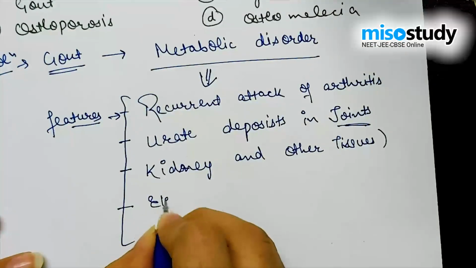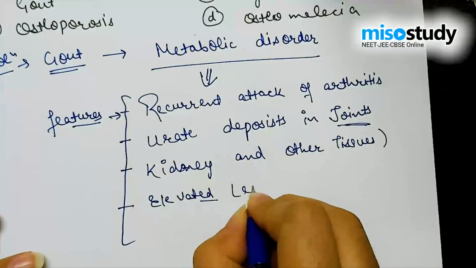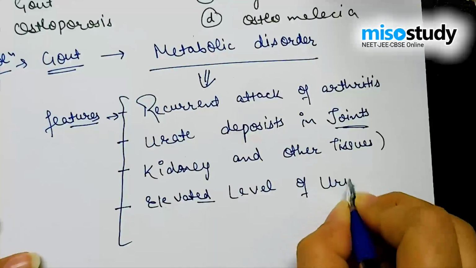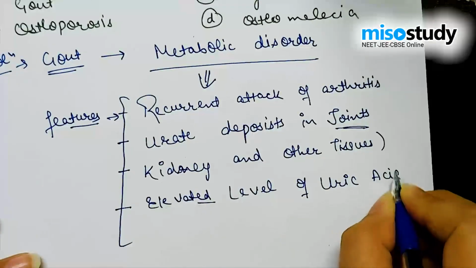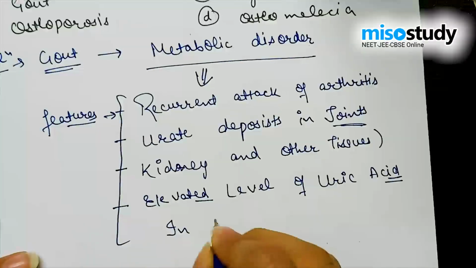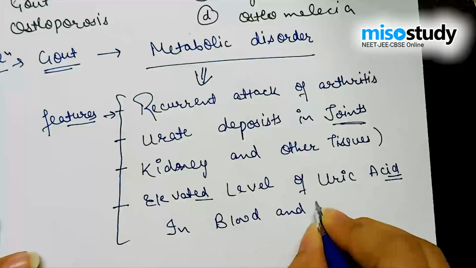And the last feature is elevated levels of uric acid in blood and urine.